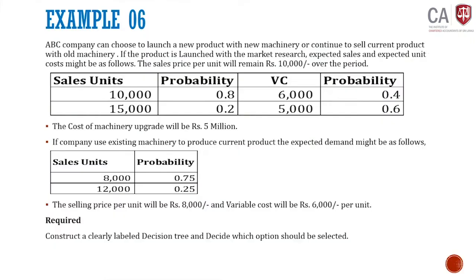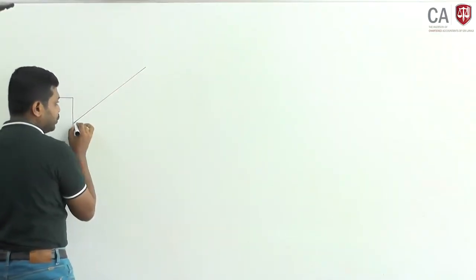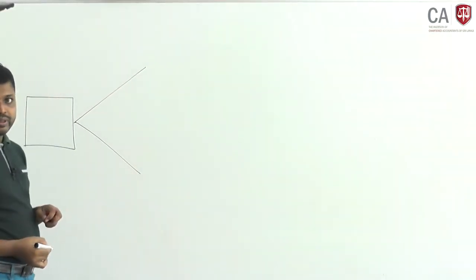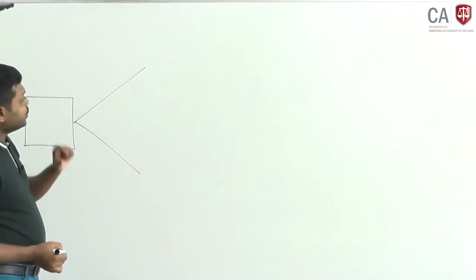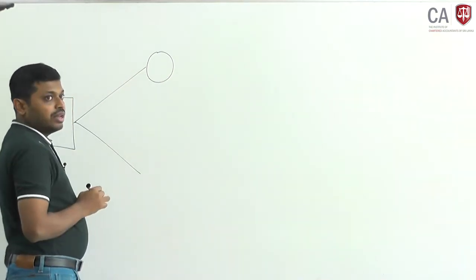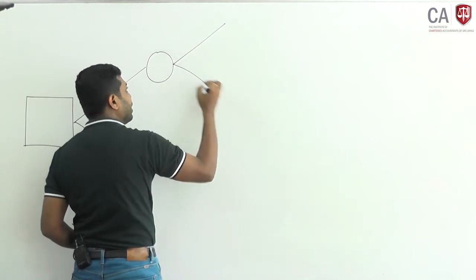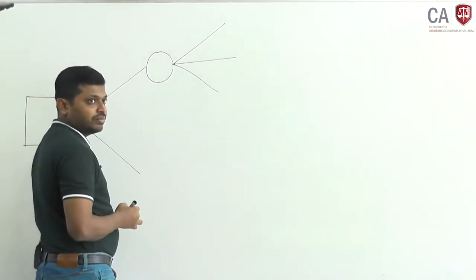There is an example, then we can easily understand. Prior to that, when we are going to evaluate, a decision tree should start with a decision point. Then the available alternatives are shown as branches. Then for each alternative there might be some outcome, therefore you have to use a circle to show the outcome point, and then the available outcomes you can show like this.